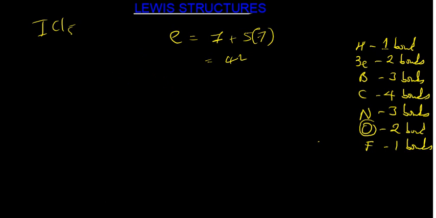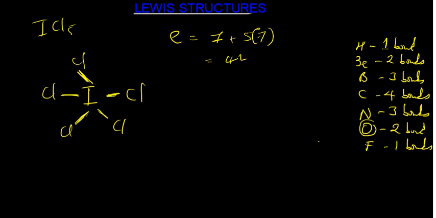So 5 times 7 is 35, plus 7, that is 42. We have the central atom bonded to chlorine, chlorine, another chlorine, and another chlorine. So how many electrons have we used already? 2, 4, 6, 8, 10. We have used up 10 from the 42, so we are remaining with 32 electrons.